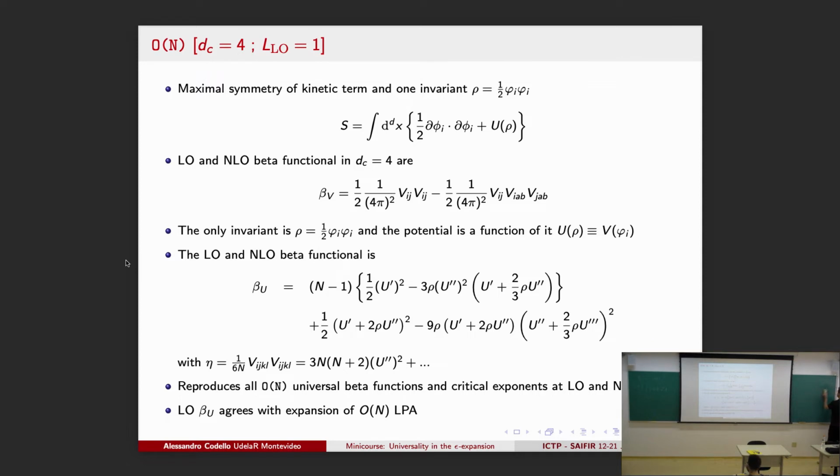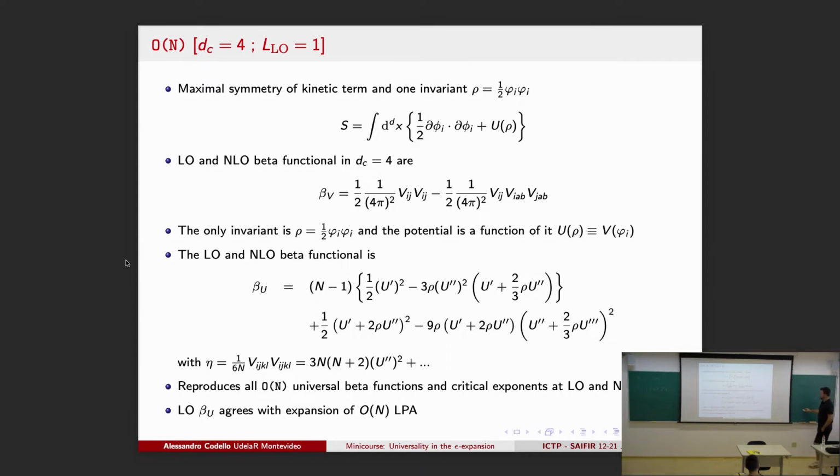In general we write the potential in terms of phi 1 to phi n, but we should rewrite it in terms of a set of invariants, rho, tau, sigma, and so on, which transform according to the symmetry that we impose on the problem. The ON symmetry is so strong, as the sphere, that it only has one invariant, which we call rho, equal to 1/2 phi_i phi_i. So it's just the square.